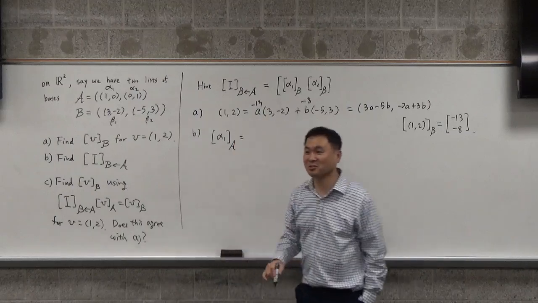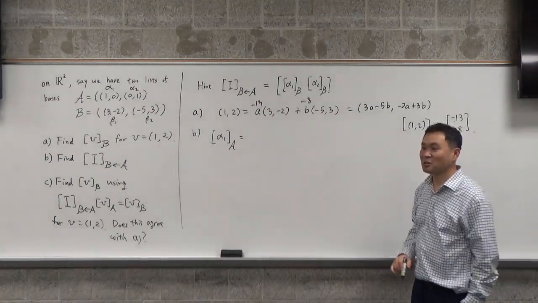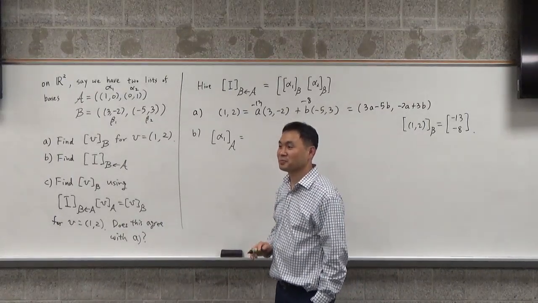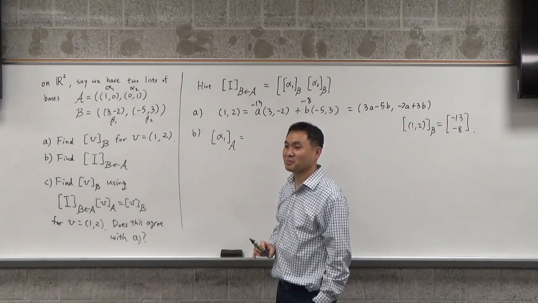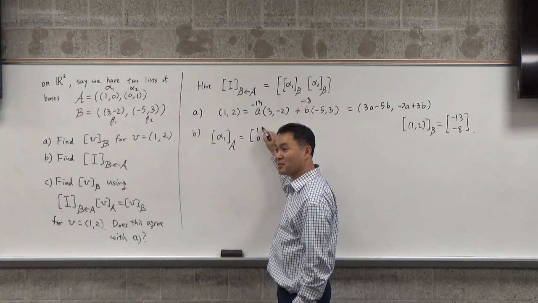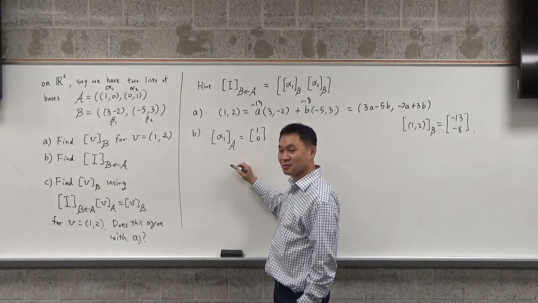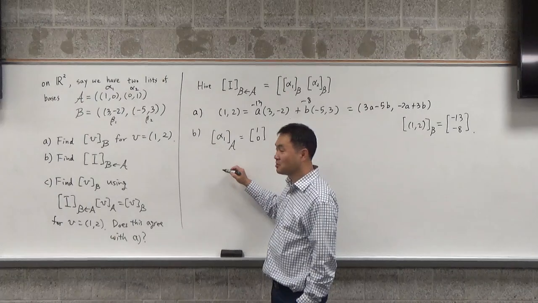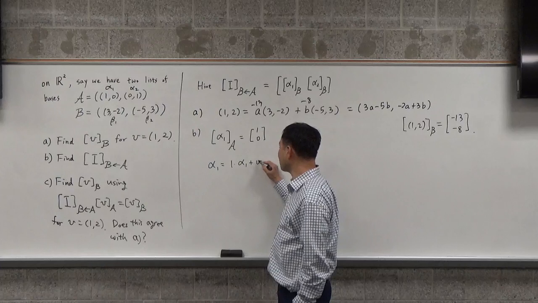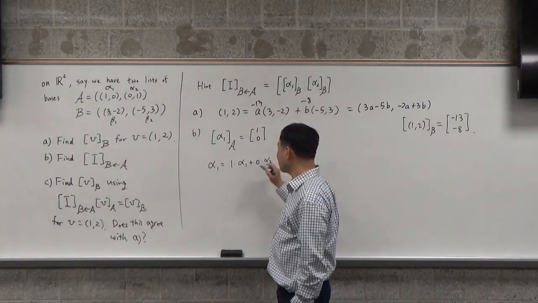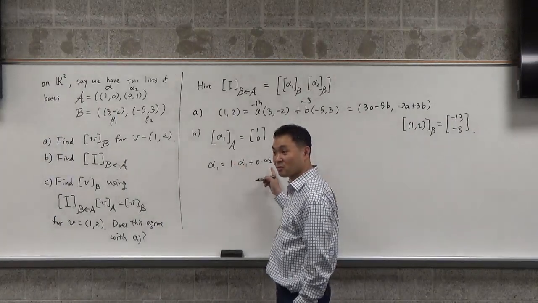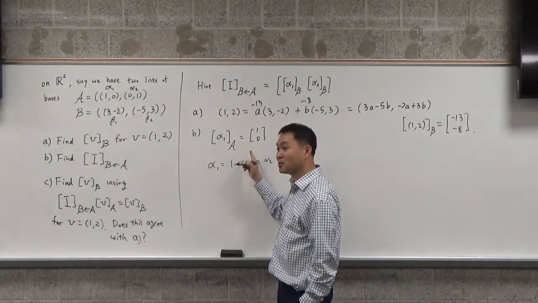That's a simple question. It will be (1, 0), right? Alpha 1 is 1 times alpha 1 plus 0 times alpha 2. So if you represent alpha 1 using basis A, which is made of alpha 1 and alpha 2, it will be (1, 0).